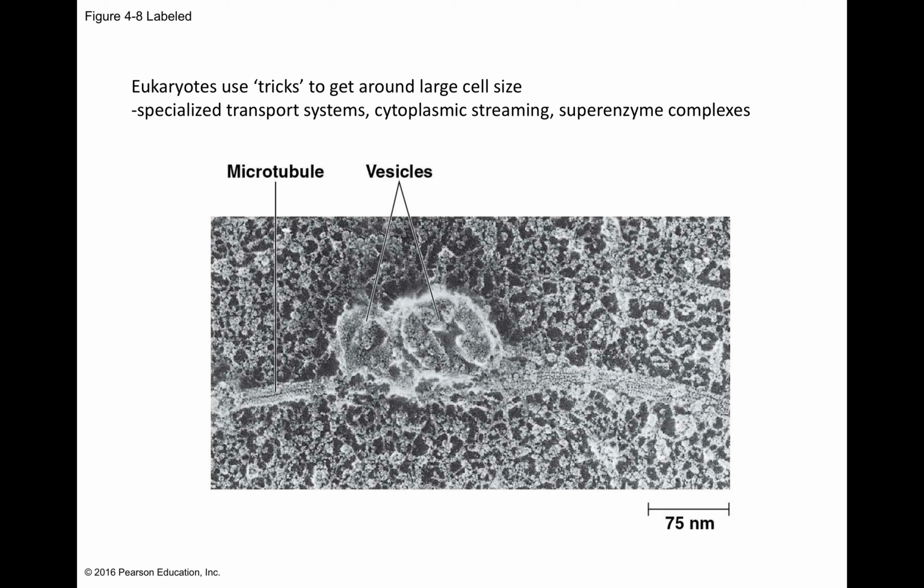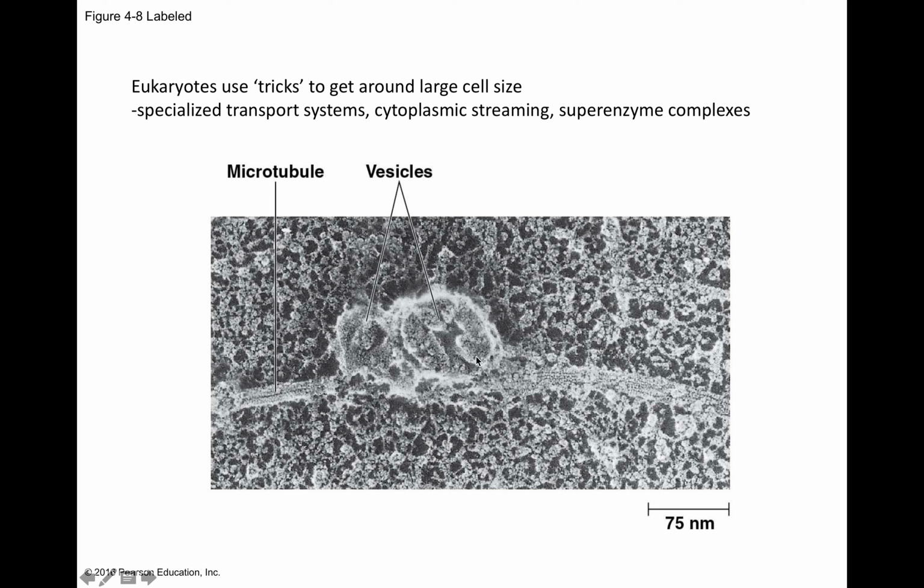If you're a giant cell, that's a real problem. And they get around that problem by using specialized transport systems, such as here is an example of a freeze etch micrograph where you see a microtubule track here, and then vesicles on that track carried by motor proteins, and these vesicles can be even whole organelles.